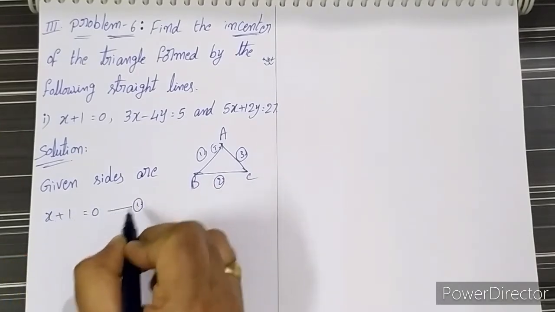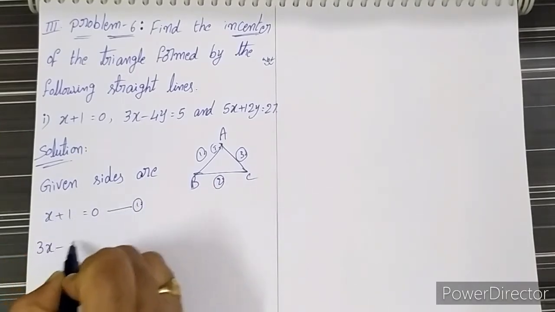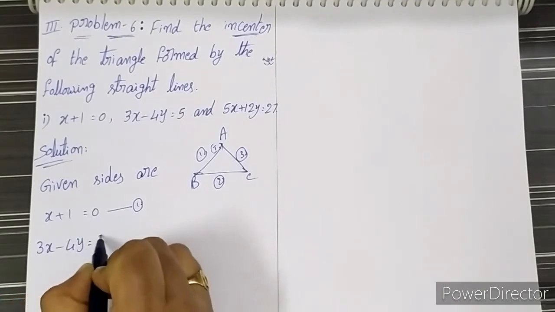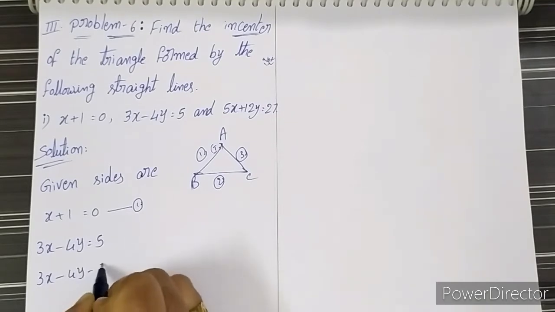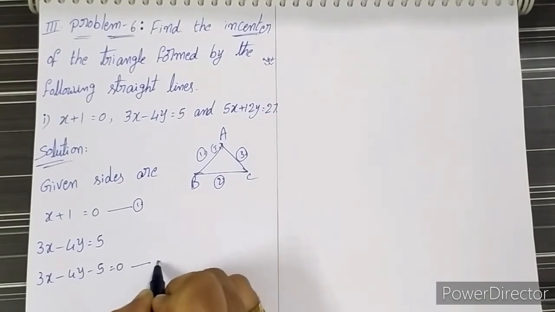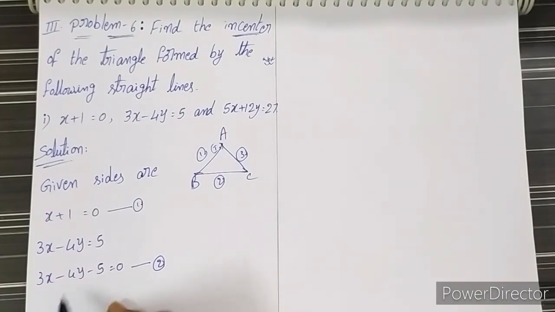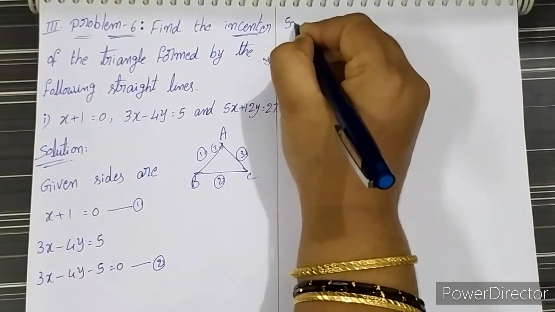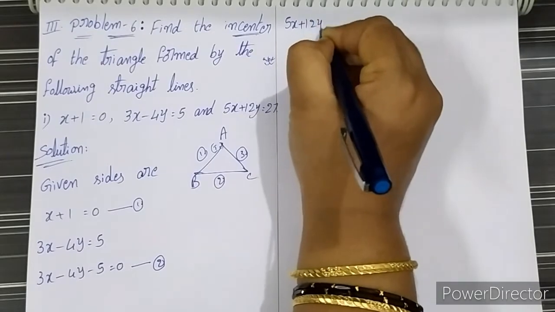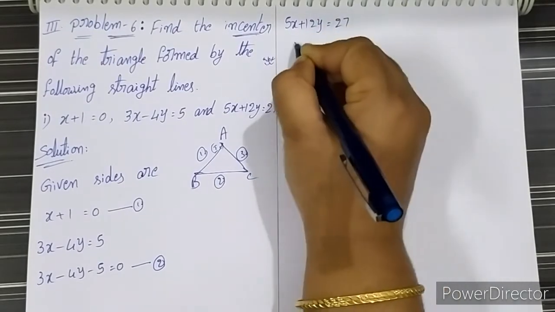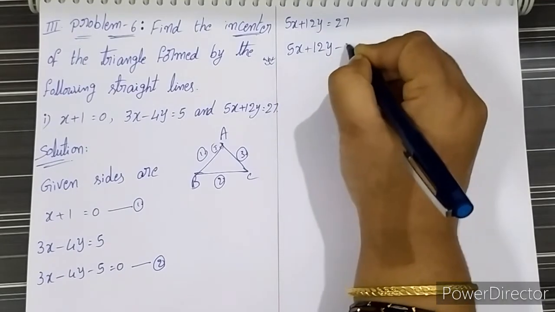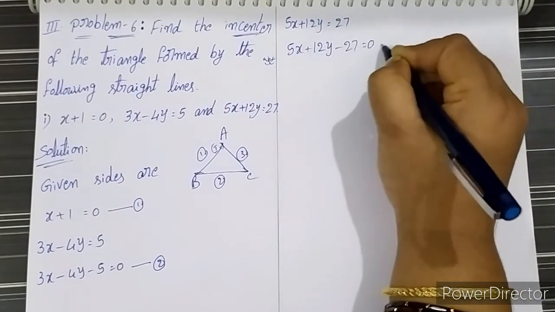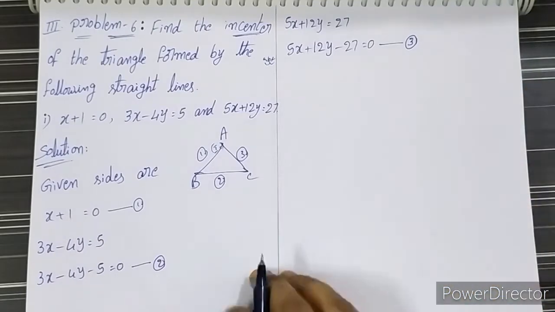This is equation number 1. 3x minus 4y equal to 5, then 3x minus 4y minus 5 equal to 0. This is equation number 2. And the third equation is 5x plus 12y equal to 27, so 5x plus 12y minus 27 equal to 0. This is equation number 3.